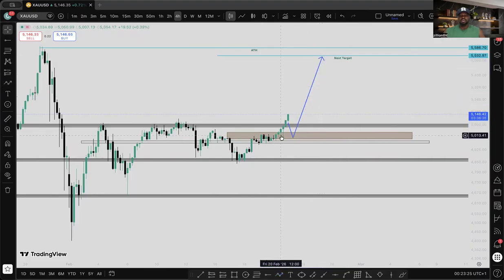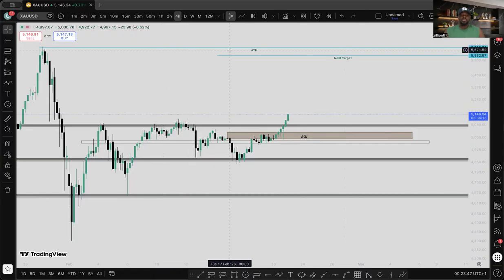So this is the area we're going to be looking at. This is the area of interest, right? We're going to be looking at it to go bullish.